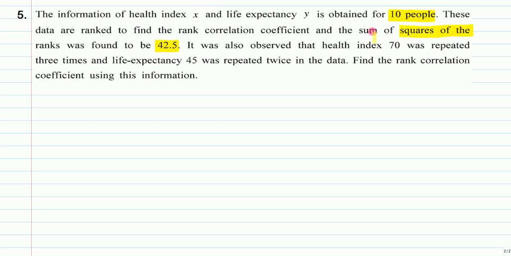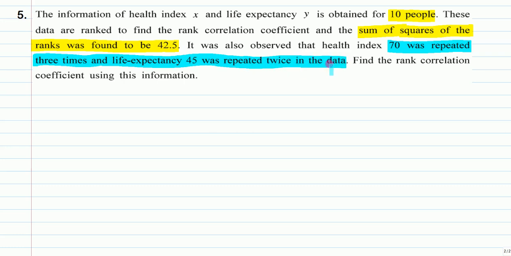It means it is sigma D square. It is also observed that health index 70 was repeated 3 times, and life expectancy 45 was repeated twice in the data. Means this sum is based on CF. Find the rank correlation coefficient using this information.